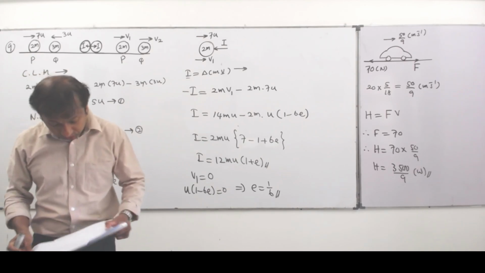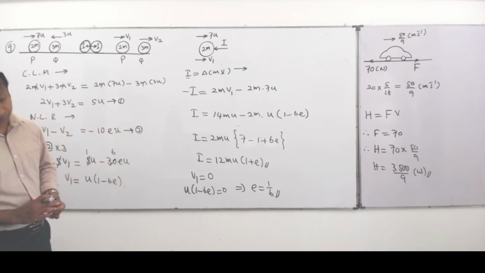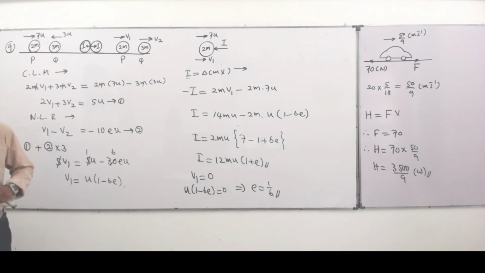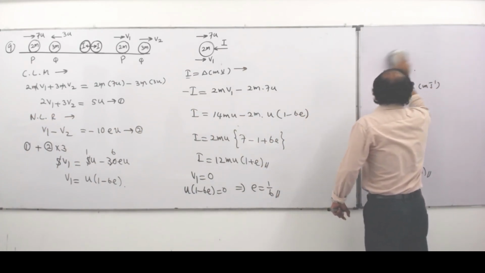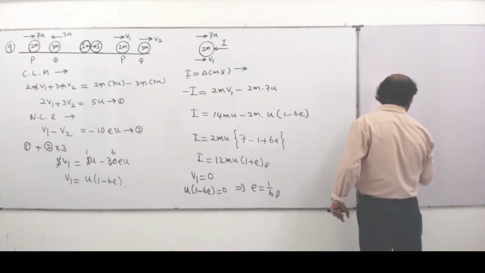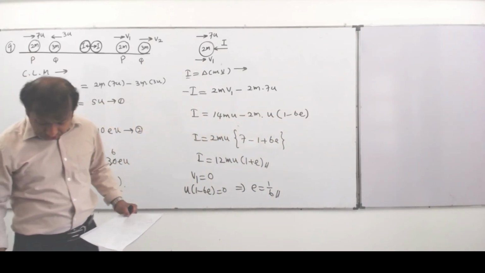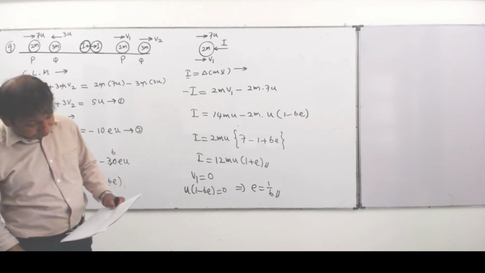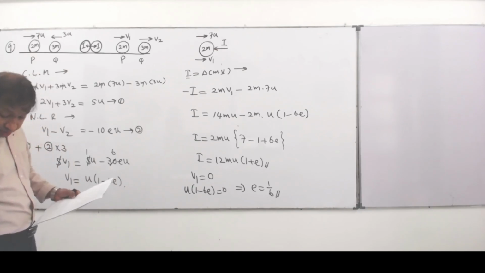Right. The last question, number 10. We are given that ABC is an isosceles triangle with AB equals AC. Let vector BC be a, vector BA be b.